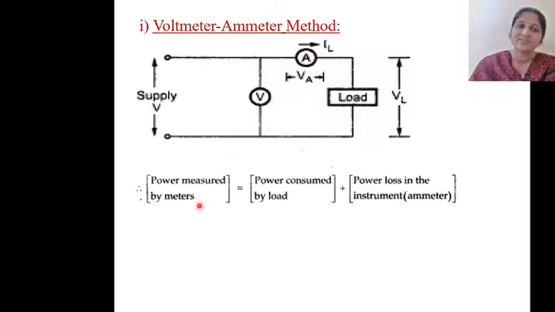So the total power measured by the meters is equal to the power consumed by the load plus the power loss in the instrument. Here the instrument is the ammeter. Okay, this is about the voltmeter ammeter method.